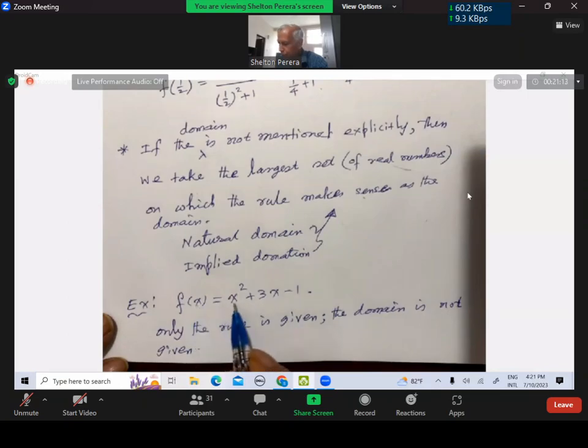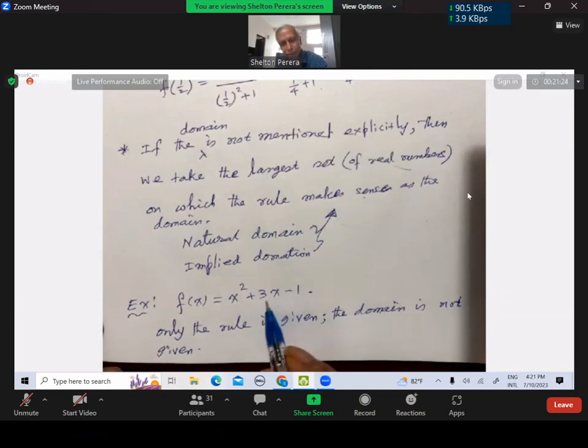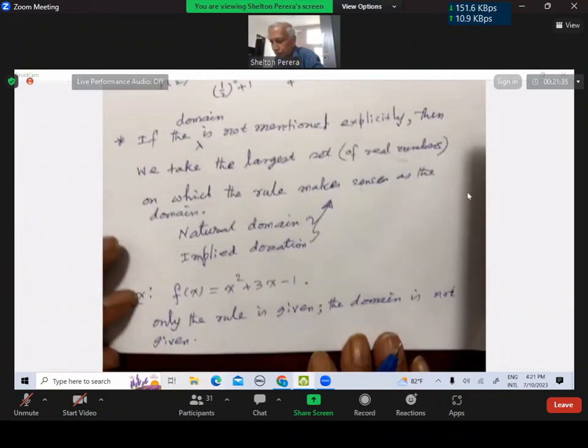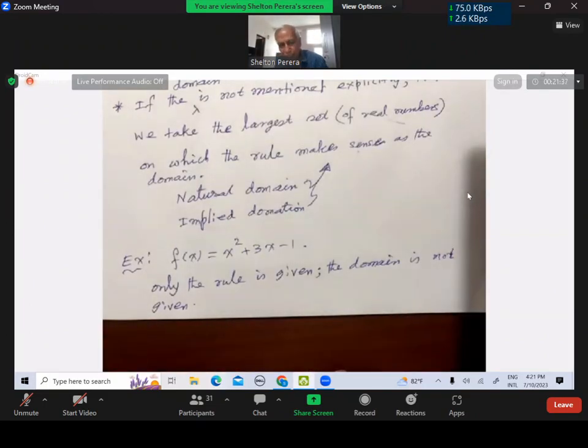How do you get the output? Input squared, a real number squared is a real number, plus 3 times a real number. If you multiply a number by 3, it's a real number. Negative 1 is a real number. So when you input any real number, you get a real number as the output. So the rule makes sense for every real number x.